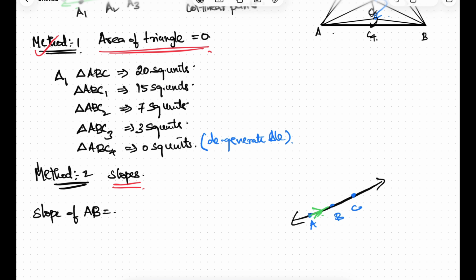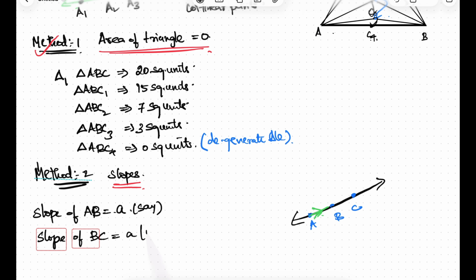Slope is the inclination with the x-axis, so slope is about how inclined the line is. So the slope of AB is a, and if I take the slope of BC, the slope of BC is also going to be a.